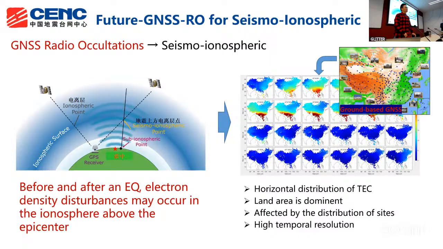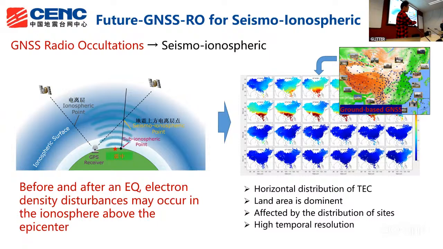I expect specific locations will also produce more of this, because the Earth's magnetic field varies. The result uncertainty is about 2 or 3 TECU.